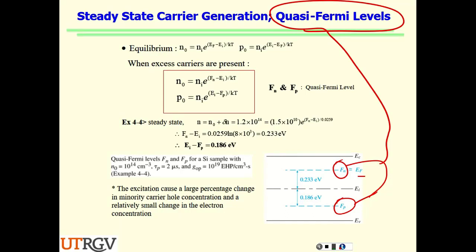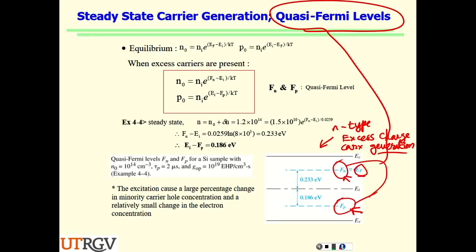Now this picture shows a material which was originally n-type. How do I know that? Because I'm writing EF. There was an EF there which tells me it was n-type. But when we expose it to excess charge carrier generation, it resulted in many holes also being generated. So in that case, we introduce a quasi-Fermi level and call it Fp, close to EV, and we write EF now as Fn.